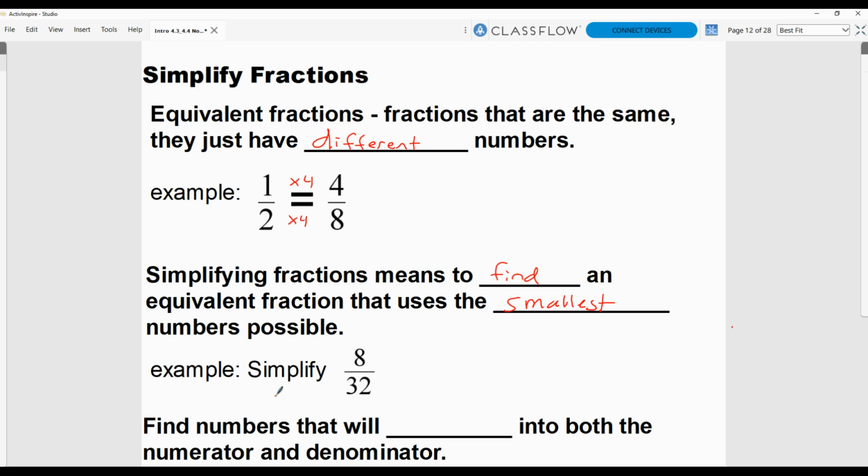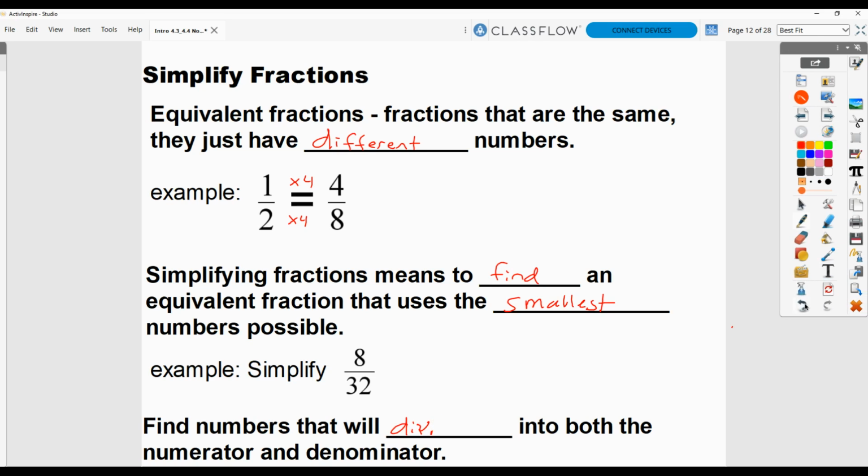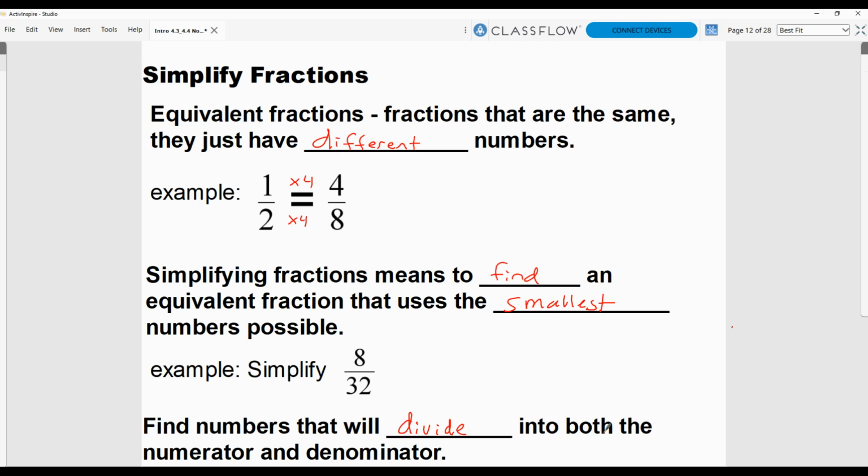Okay, and how we find which numbers would be the smallest possible that's going to be the same as 8/32, is we want to find numbers that will divide into both the numerator and denominator evenly. Okay, so we're trying to find numbers that are going to divide into both of these evenly.